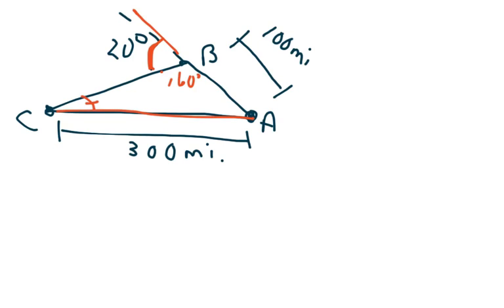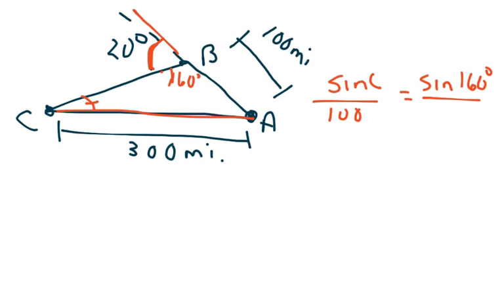And I'm going to use the law of sines. So sine of C over 100 equals sine of 160. Here's your 160. Over 300.